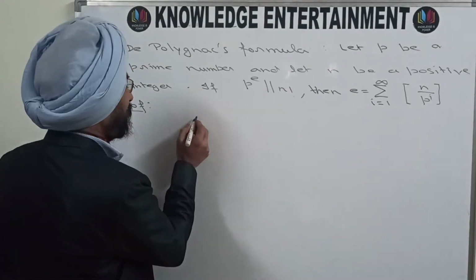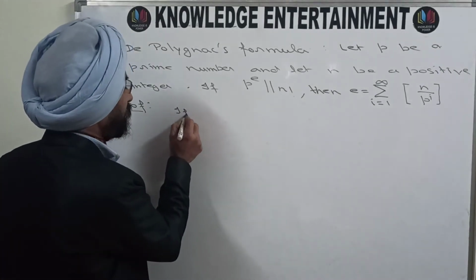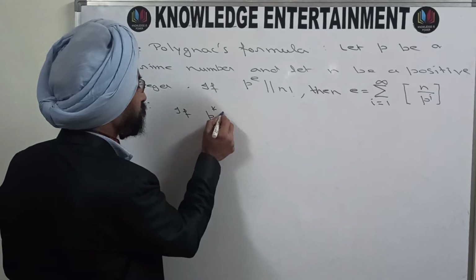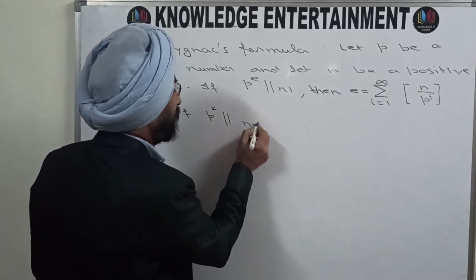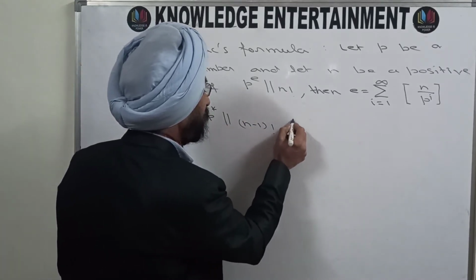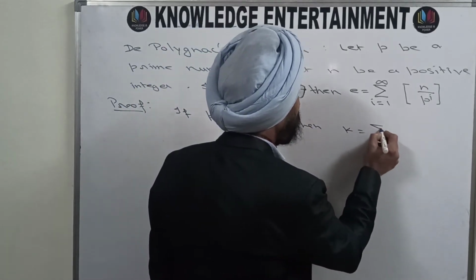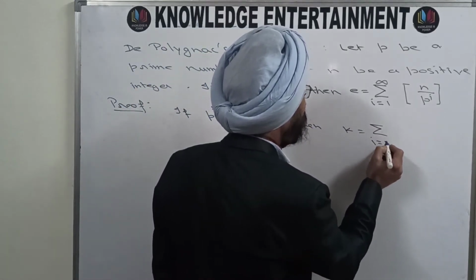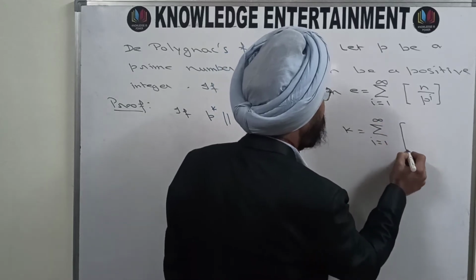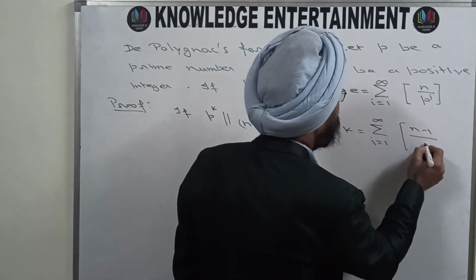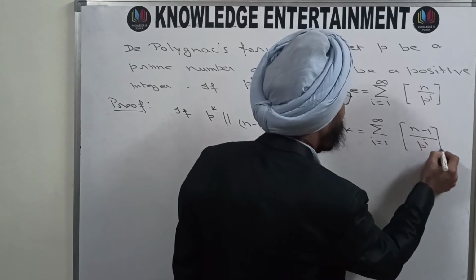That means if p power k max divides (n minus 1) factorial, then k is sigma i varying from 1 to infinity of the greatest integer of (n minus 1) upon p raised to the power i.